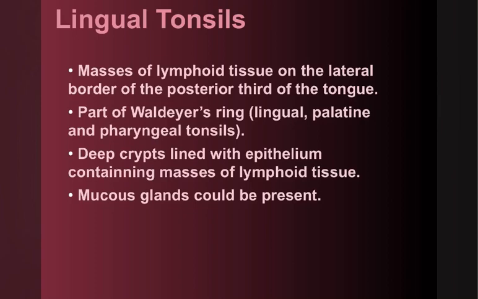This ring includes the lingual tonsils, palatine tonsils, and the pharyngeal tonsils. The lingual tonsils have deep crypts lined with epithelium containing masses of lymphoid tissue. Mucous glands could be present in the region of the lingual tonsils.